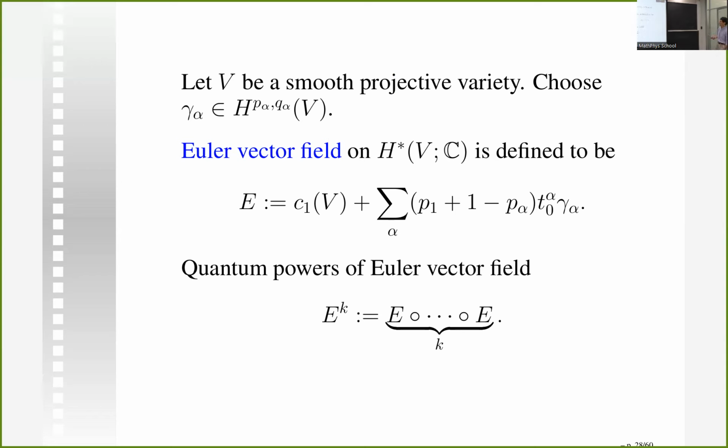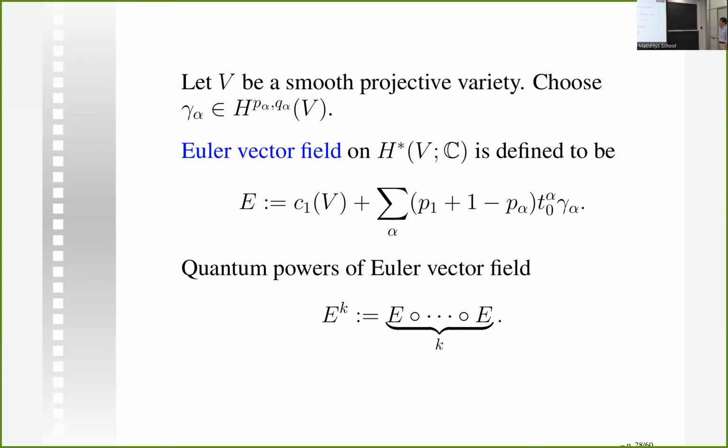Now we can define an Euler vector field on this small phase space. It is essentially equal to the first Chern class of the manifold plus the sum of gamma_alpha times t_0^alpha, times a constant depending on the holomorphic degree of gamma_alpha.